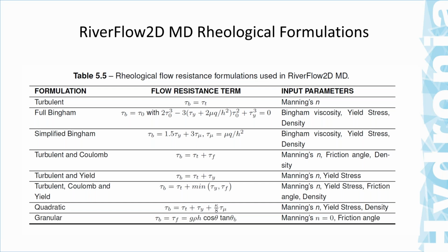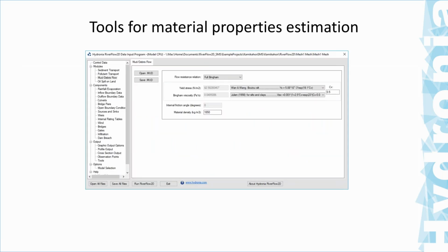Now, everything that I have shown so far is included in the new version as well. So it's an outline of what we have, because we are building on what we had up to now. Also, if you didn't know the yield stress or the Bingham viscosity or the density of your fluid, we had a simple tool that, based on the volume concentration of the fluid that you want to simulate, could determine the yield stress and the Bingham viscosity for you.